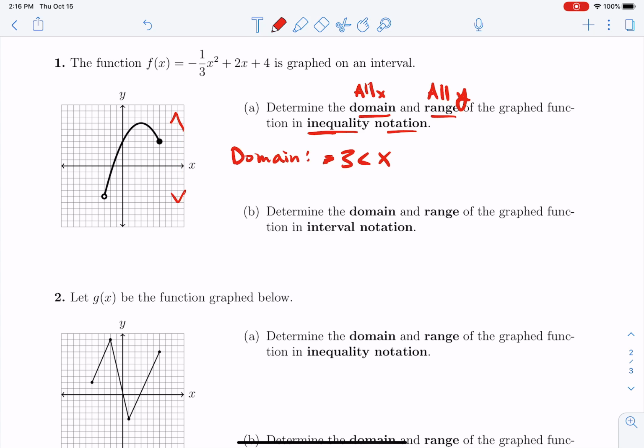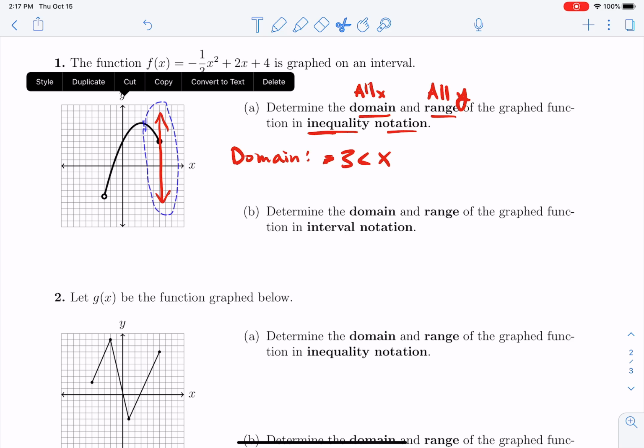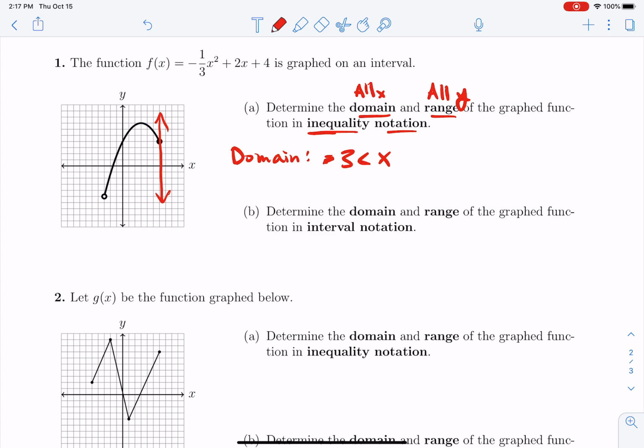If I move that along the function, I can see that the rightmost x value is at x equals 6. Now, one other thing to notice is that this is a filled in circle here, so I'm going to include x is less than or equal to 6.